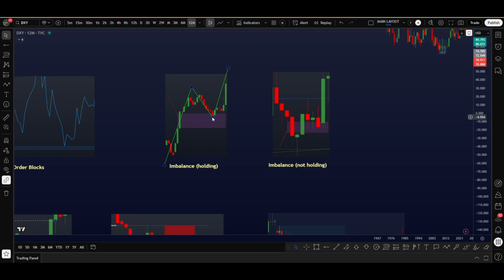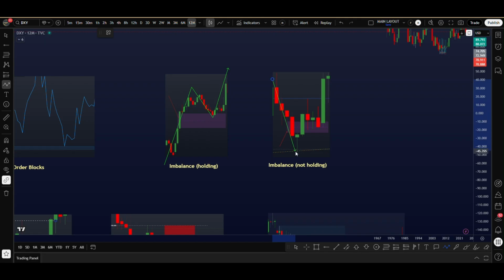But there is sometimes imbalance that is not holding. When there is imbalance in a bearish trend, we normally expect sellers to dominate, but when that is not the case, we could say the imbalance is not holding, and then buyers take the advantage. In this case, I like to use the reversal of price.